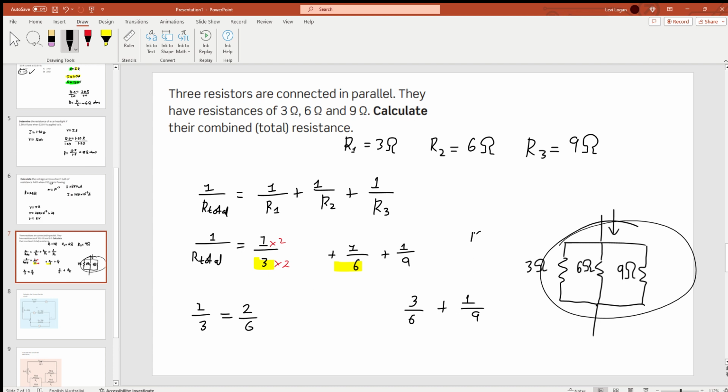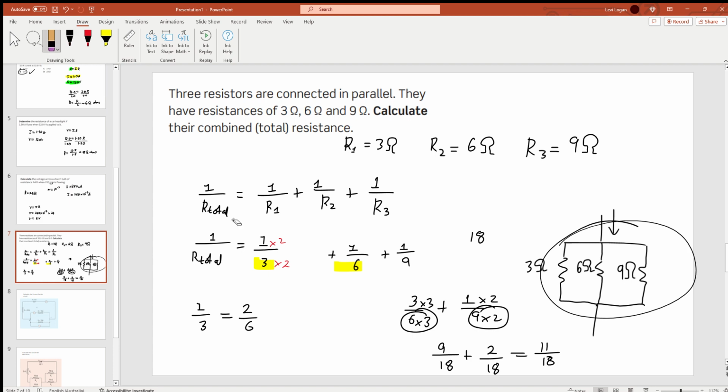What I can think of is 18. If I multiply this number by 3 top and bottom, that turns into 18. If I multiply this number by 2 top and bottom, that turns into 18 as well. So at the top I'm going to have 9 over 18 plus 2 over 18. Then you can add them together, so you get 11 on 18.